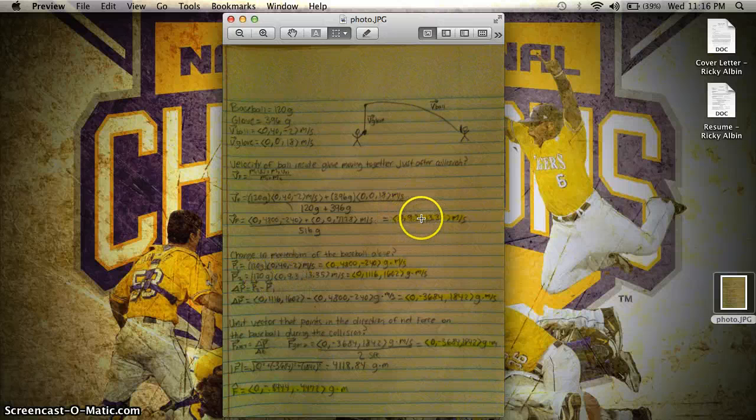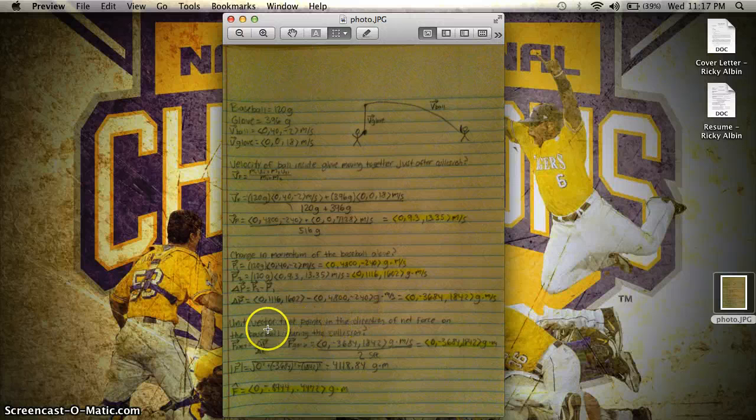So you take the weight of the baseball times this value, which is the final velocity. I did all the calculations, and this is the number I came up with. Again, it seems pretty feasible. I think I made all my numbers very realistic, so it came out very believable.